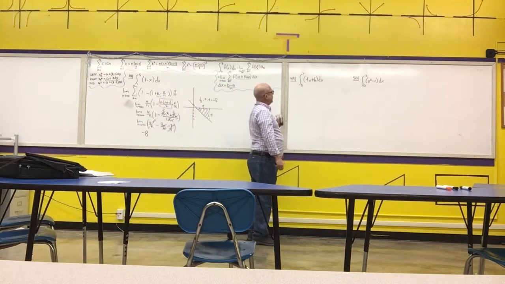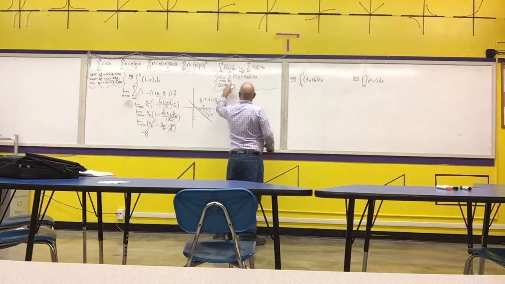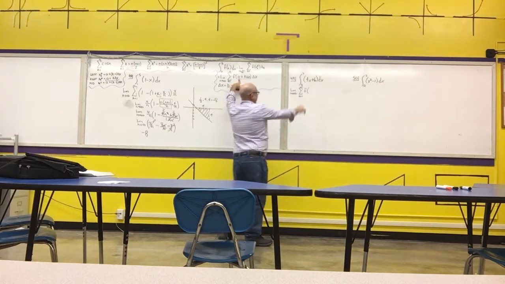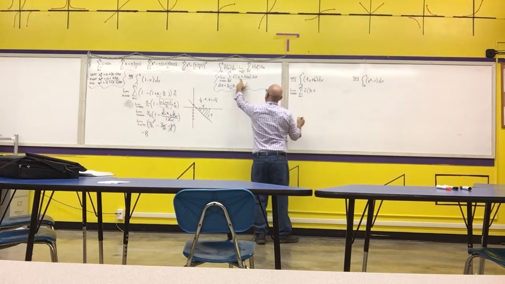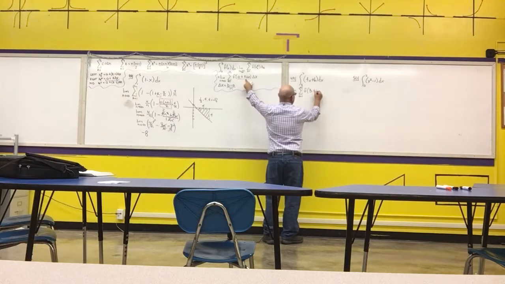The second problem I'm going to do is number 49. We're going to follow the exact same steps. I'm going to copy my limit. The limit as n approaches infinity of the summation of k equals 1 to n of f of a, and a is 3, plus k delta x.